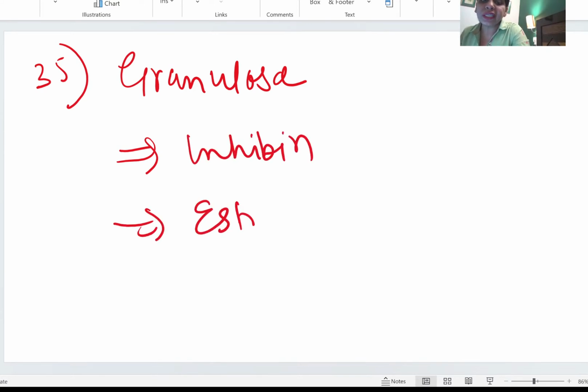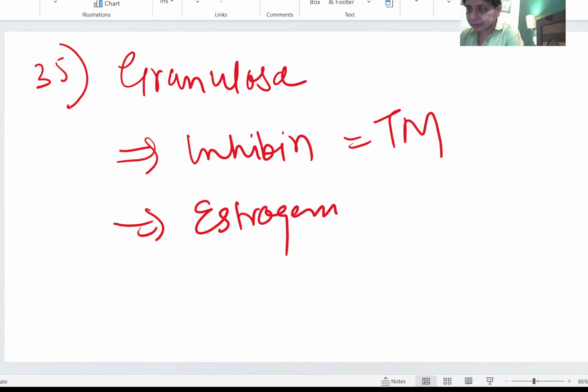Estrogen is quite non-specific and synthesized otherwise also in our body. So its tumor marker is inhibin. Okay, is it clear to you, Mamta?